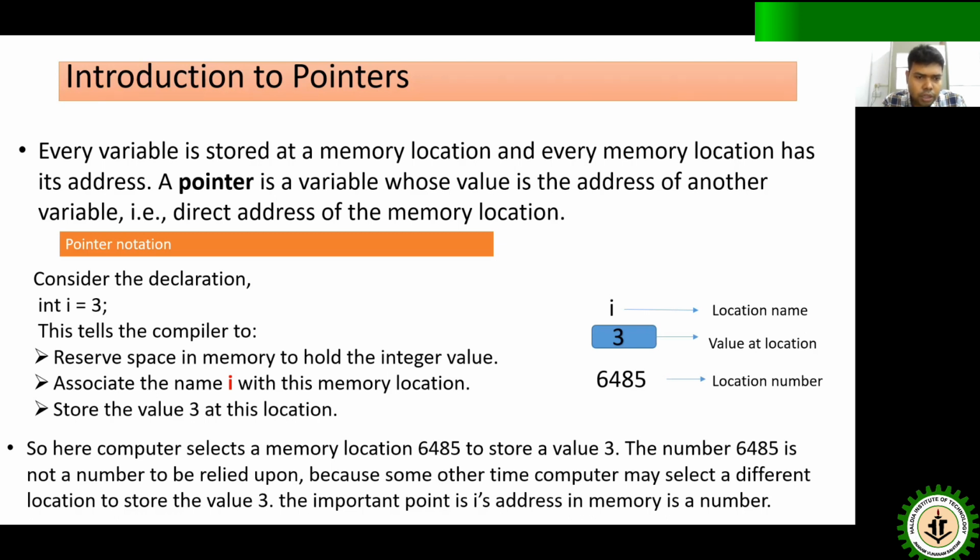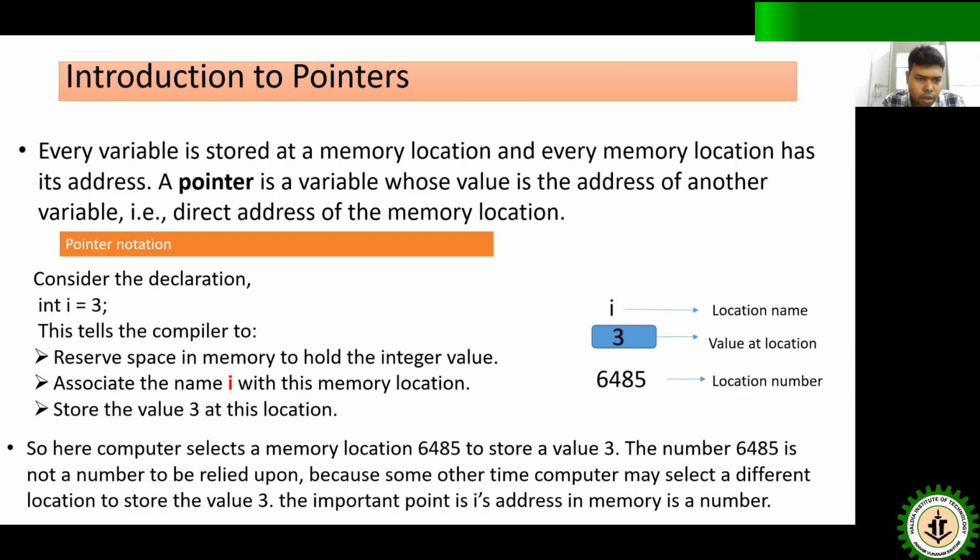In the memory, a particular space is reserved for storing an integer, and a name is given to that space. That name is I. We associate the name I with that particular memory space.